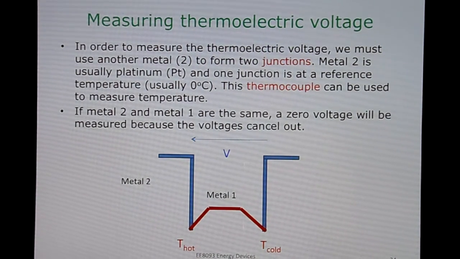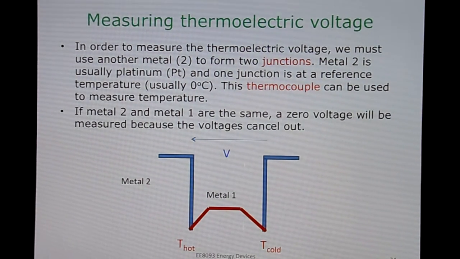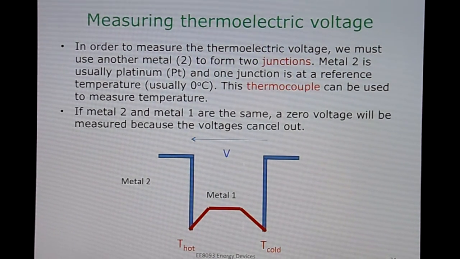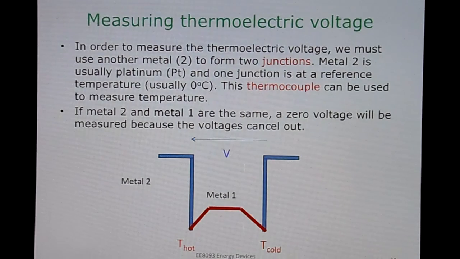And what we usually do is to let one junction sit at a reference temperature such as 0 degrees C. And if we do that, the voltage that we measure across the 2 terminals of this setup, or the voltage V, will be proportional to the temperature difference between T hot and T cold.